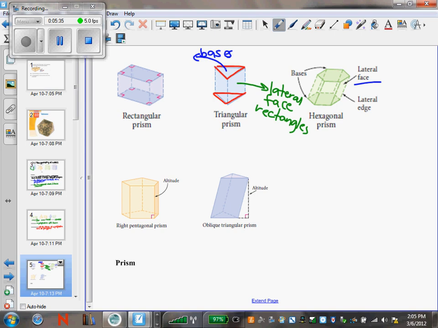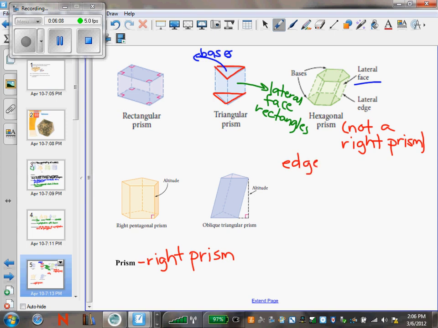So let's define our prism. Again, we've already talked about these. We are only going to look at right prisms. So this is not a right prism because the edges are not perpendicular with the bases. So if the edge is not perpendicular, then it's not right. So we're going to look at right prisms.